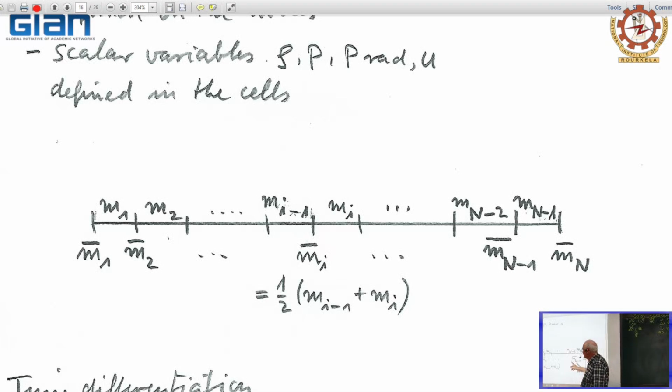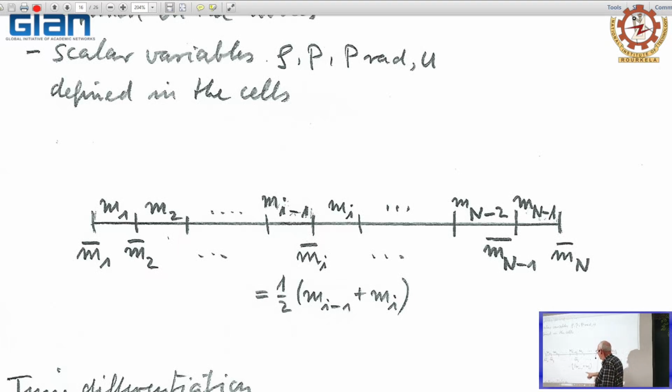We can also define masses on the nodes, or on the grid points, by taking the arithmetic average of the masses of two neighboring cells.